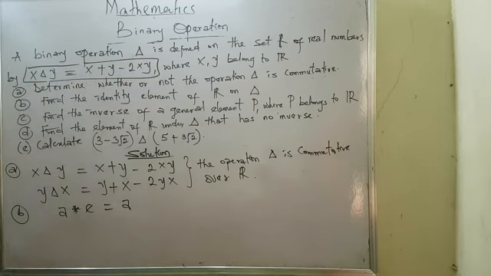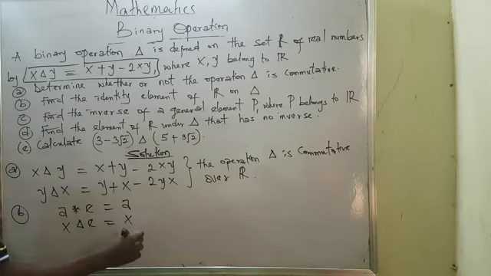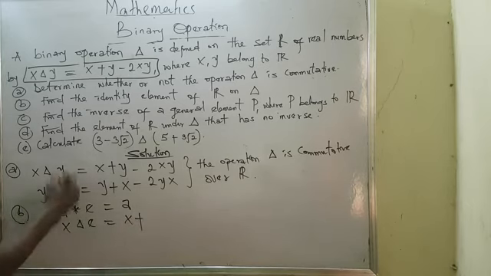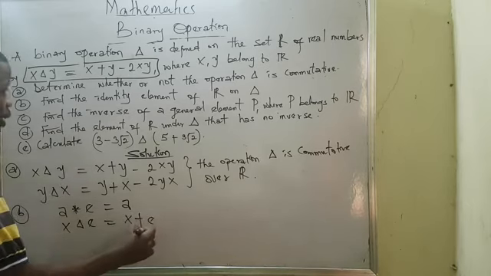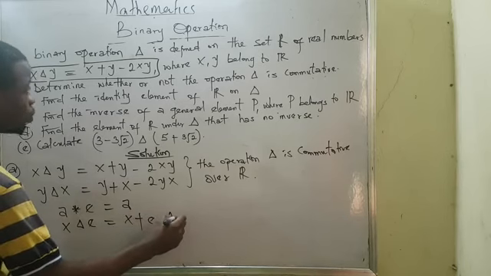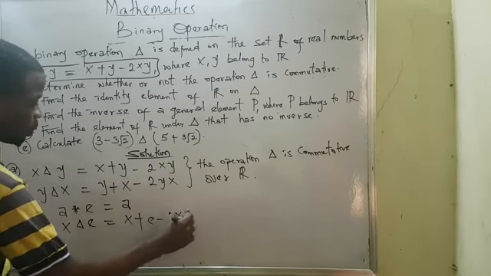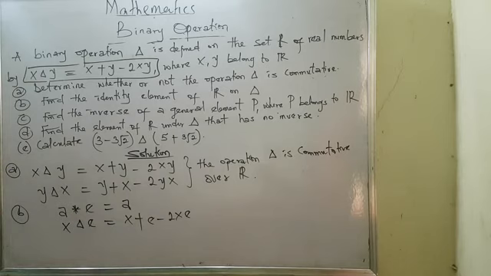So if x operates y giving us this, what will x operate the identity element give us? It should give us x plus, instead of y, the identity element, then minus 2x multiplying the identity element. Anything you operate with the identity element will still give you that element.